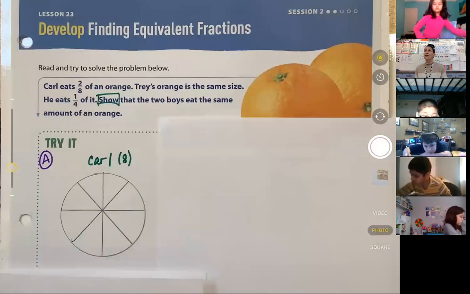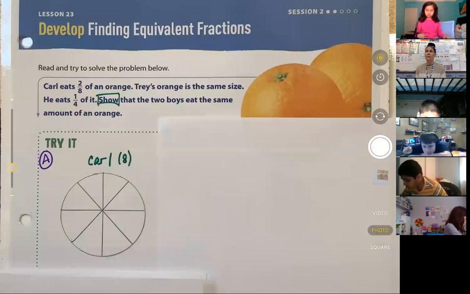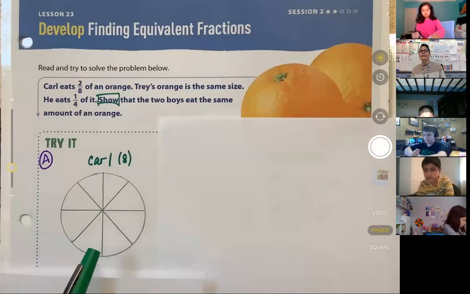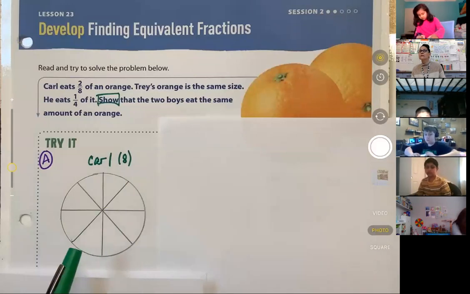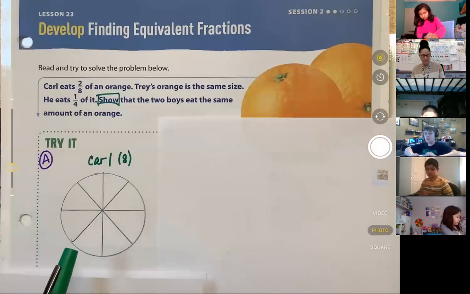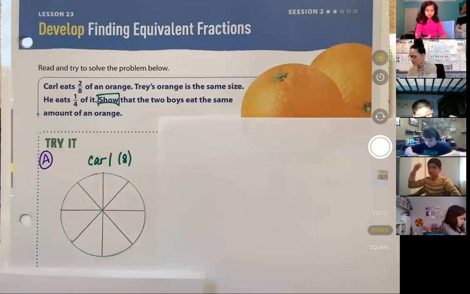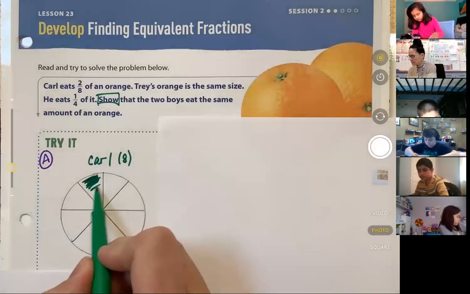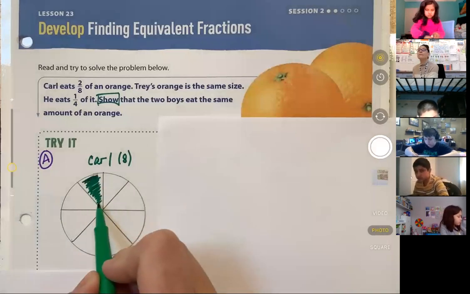But then I need to go that step further and show what Carl ate. All right. So of these 8 pieces, Carl ate 2 of them. Great. So here's a piece. We're going to color that in, right?